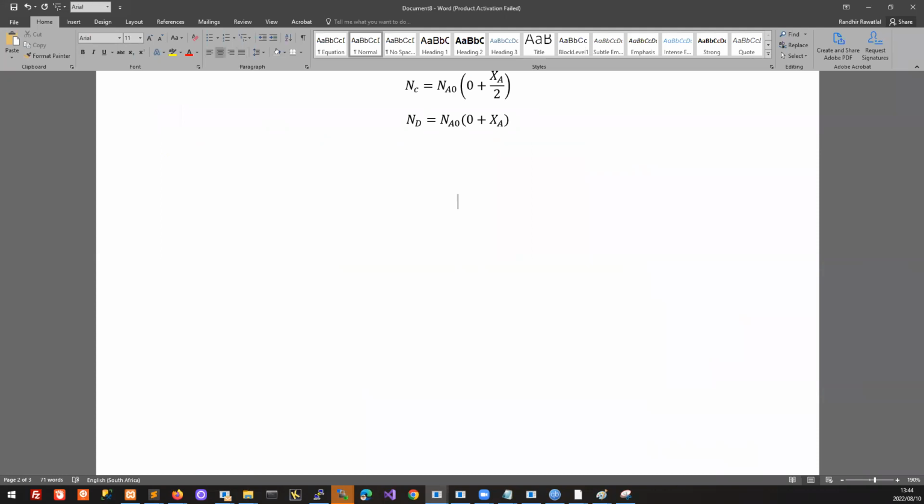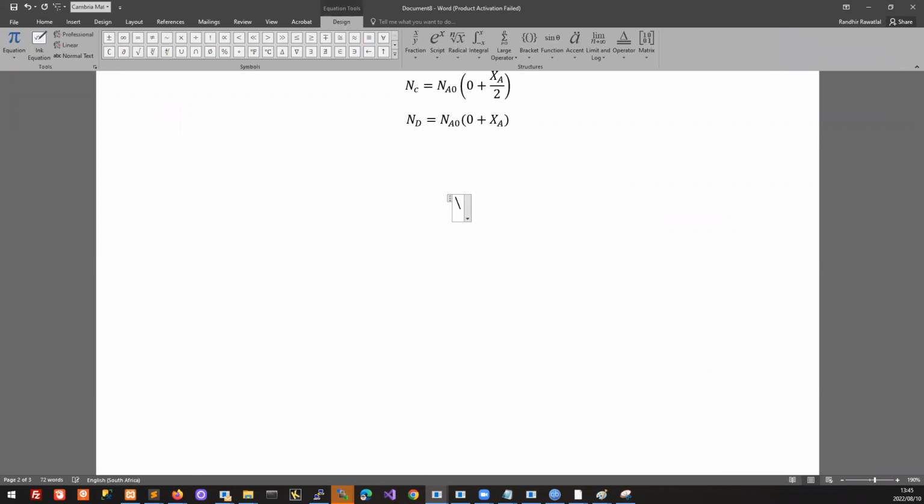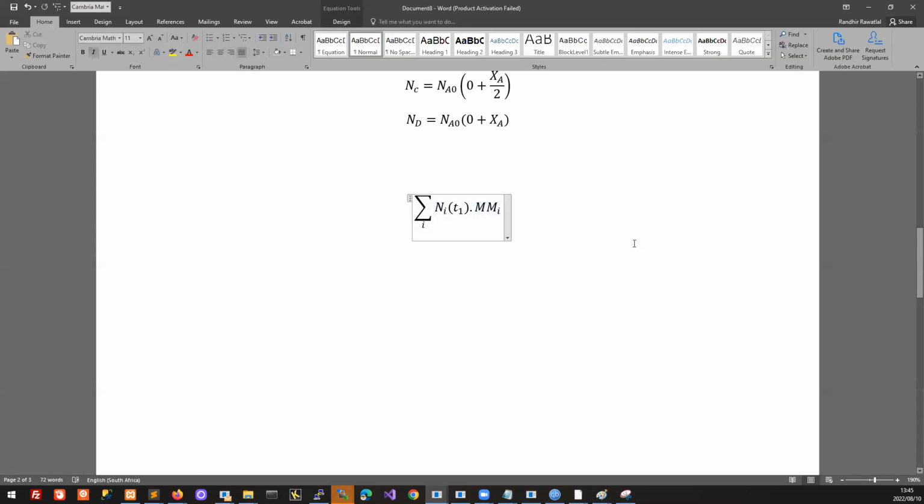So we can say the sum over all our species i, if we take the number of moles of our component and multiply by the molar mass, then that will equal, so let's say it's changing with time. So the mass of our species, how can I say this?